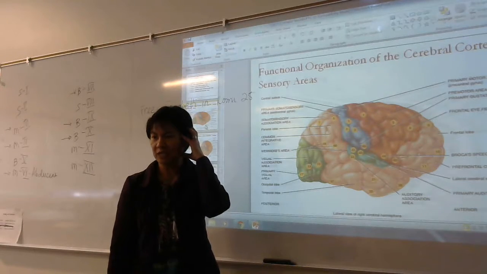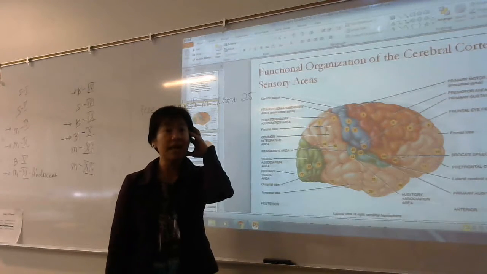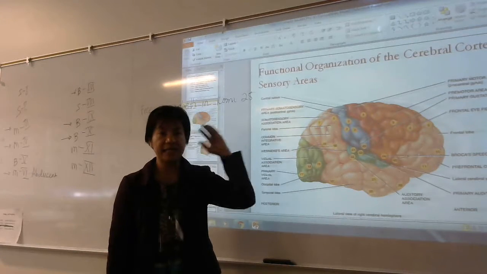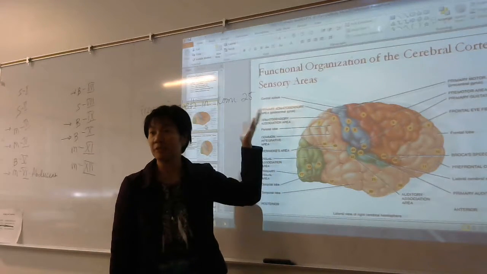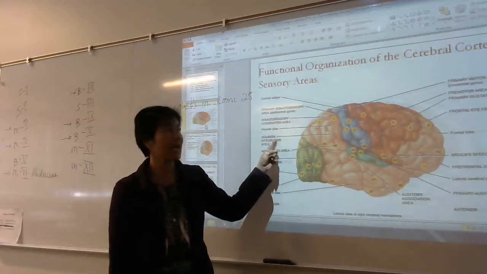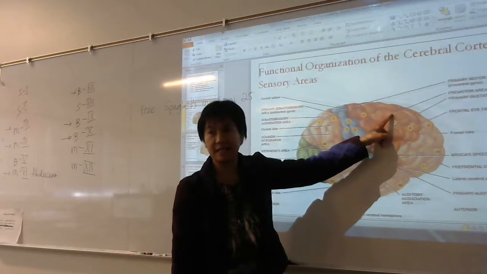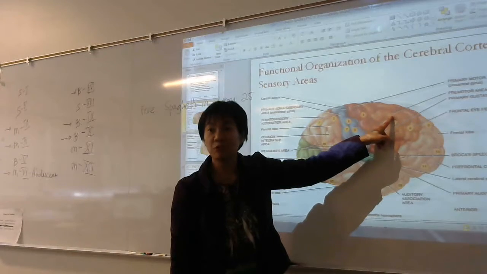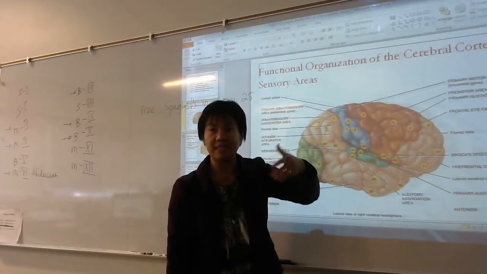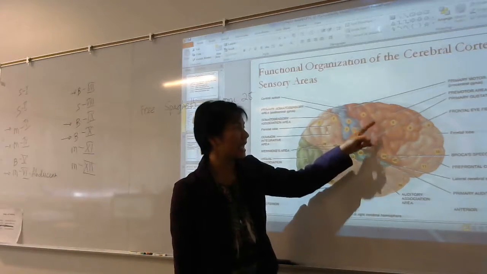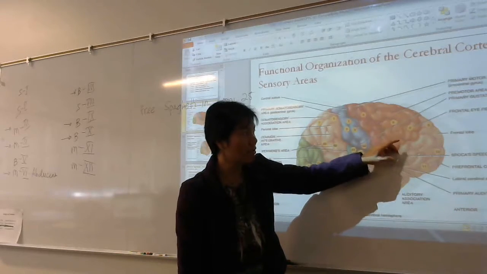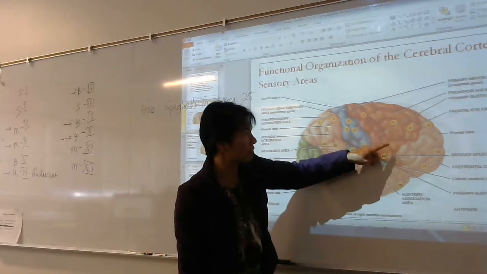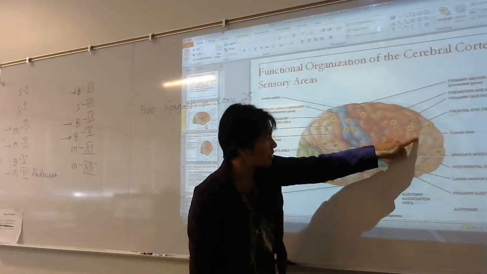The association area tells me it's the sound of an individual. Integrative will tell me it's my daughter calling me. Then I have to go to the premotor area for the list of muscles that will be needed so I can talk and say, yes, wait a minute. Then go to the primary motor area. Where's the primary motor area? The frontal lobe, right here.